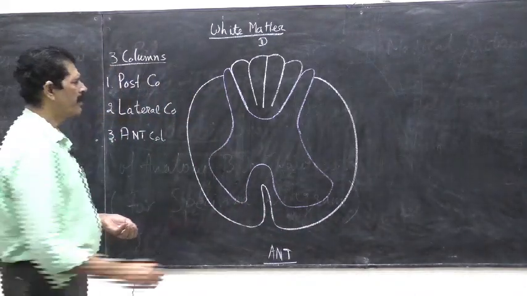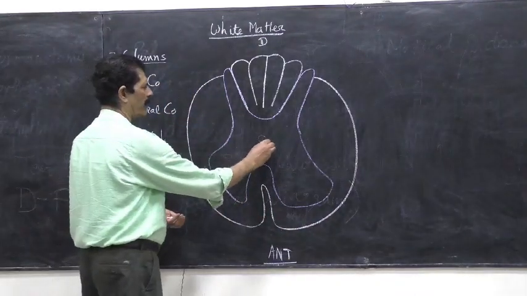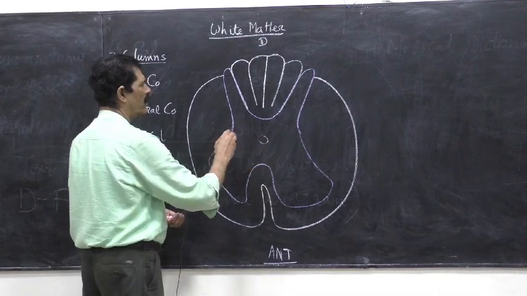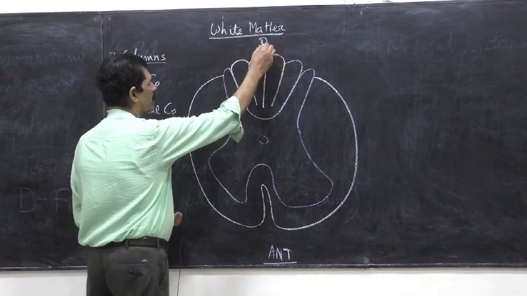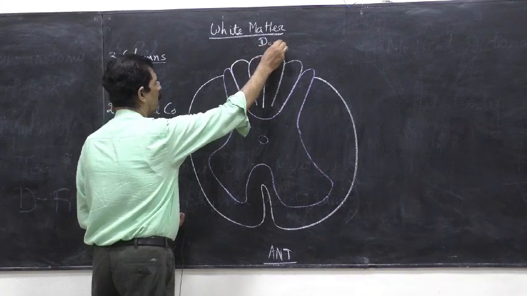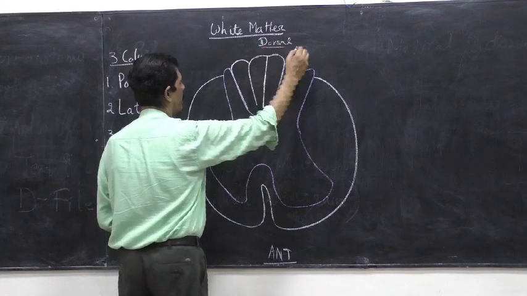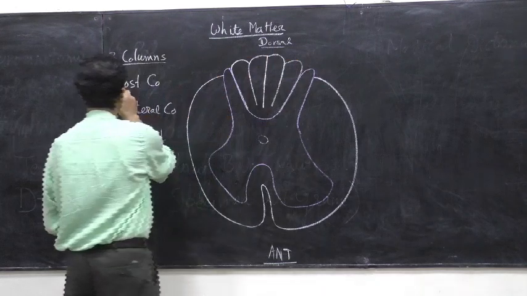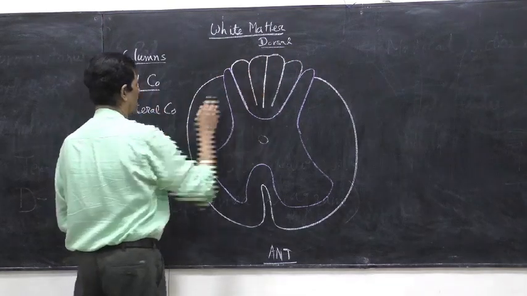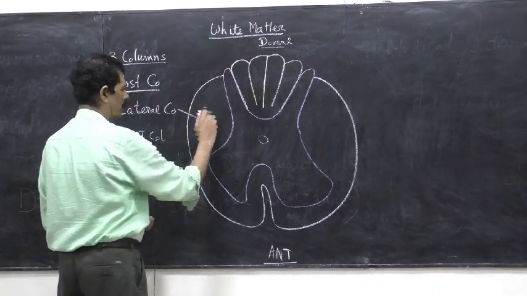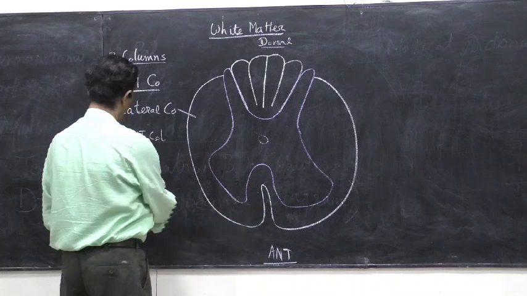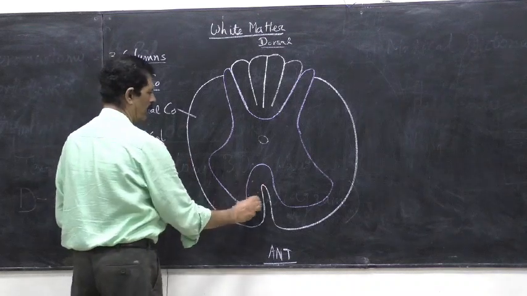So this is how to complete the gray and white matter of the spinal cord. So this whole is the dorsal or the posterior column, and this is the lateral column, and this is the anterior column.